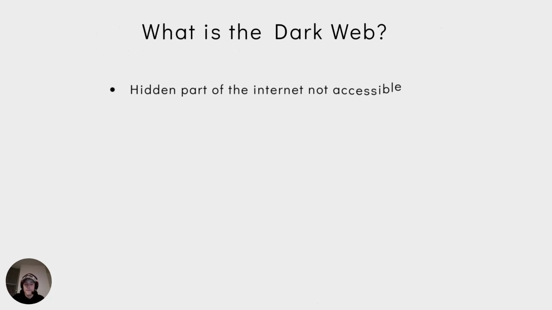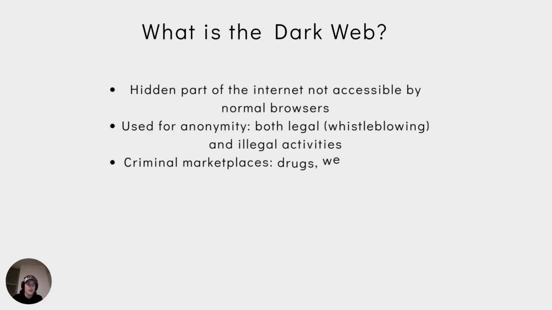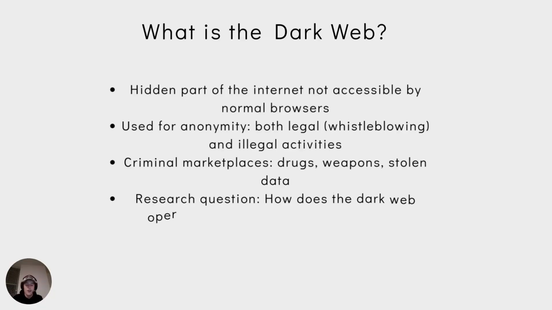What is the dark web? Most people think of the internet every day, like Google, Safari, Chrome, Firefox, Amazon, Instagram, Facebook, all these things that people go through every day. It's normal for us. But there is a line between the public and the hidden, and that's where the dark web is.